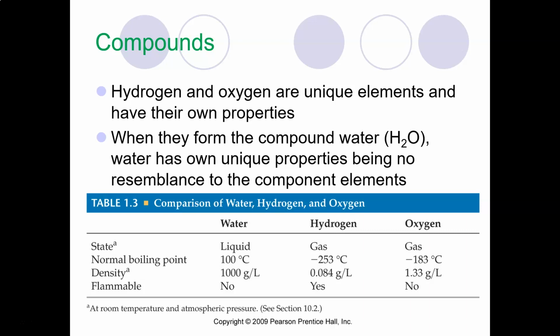Okay, so these are just a set of properties comparing water to hydrogen and oxygen. Very different. My favorite scenario, though, is actually sodium, chlorine, and sodium chloride. So sodium, this buddy, is a metal, so it's shiny. It's kind of a silver in color.